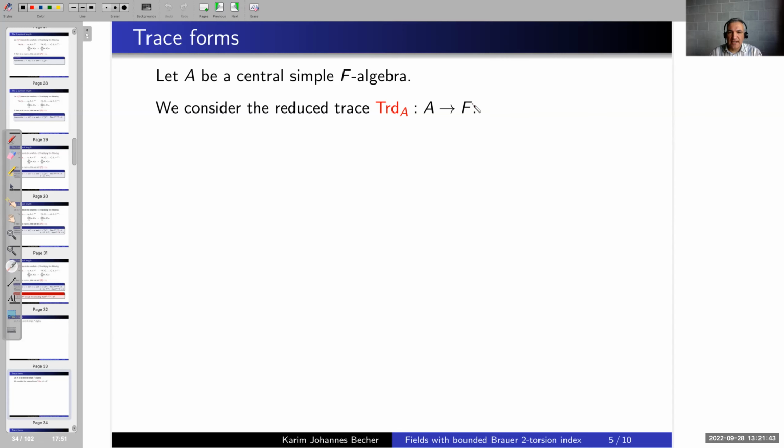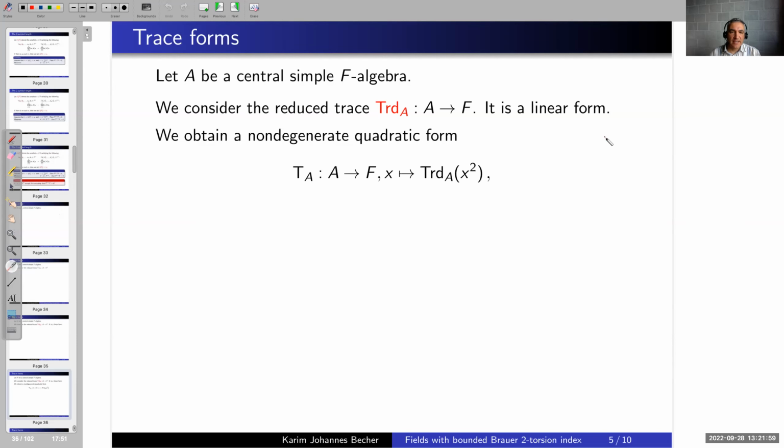So this is a linear form on the vector space A. And now if before applying the reduced trace to the element, we square the element, we actually get a quadratic form. And the interesting thing is that this is also a non-degenerate quadratic form.